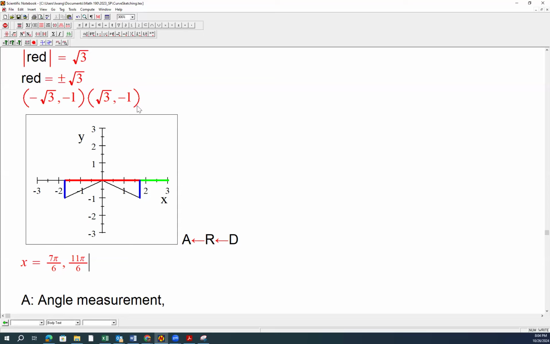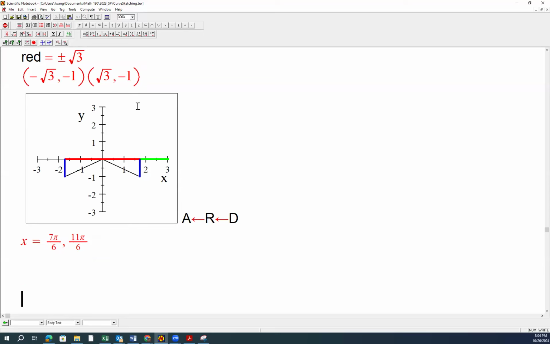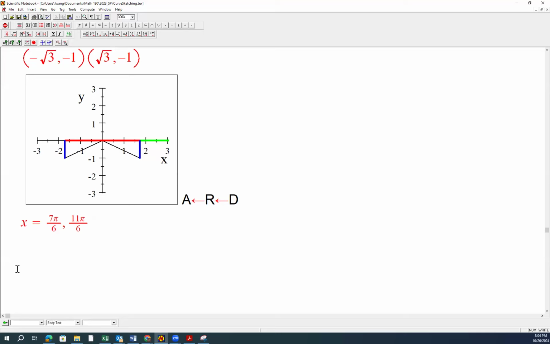So next we're gonna look at an interval. We're gonna check for the sign of the derivative, right?